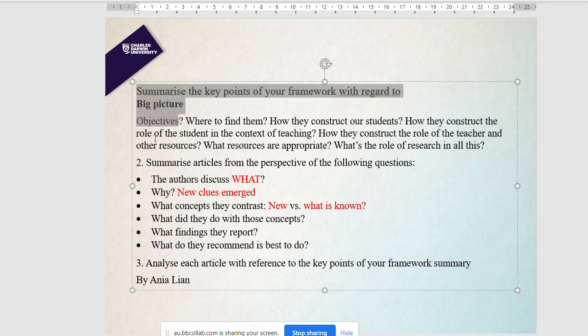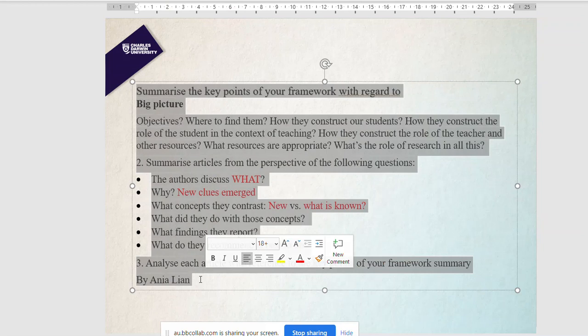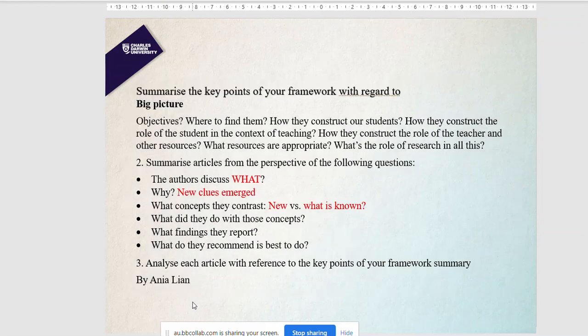So that's a summary of where I want you to be with your literature review. And now I will go to specifics to show you more about this slide, so that we can create a better understanding here.